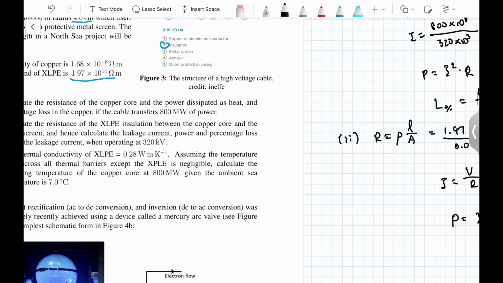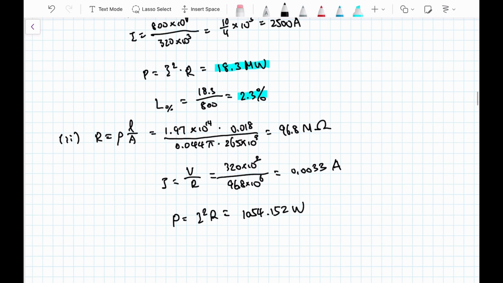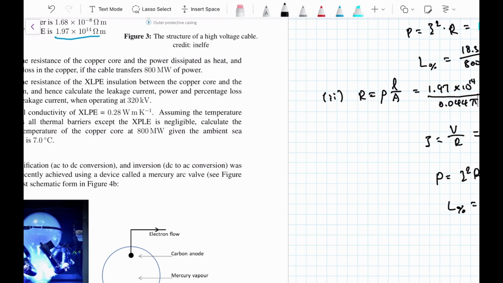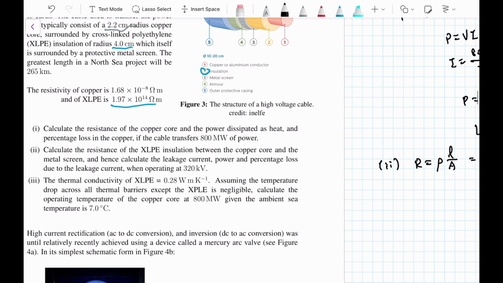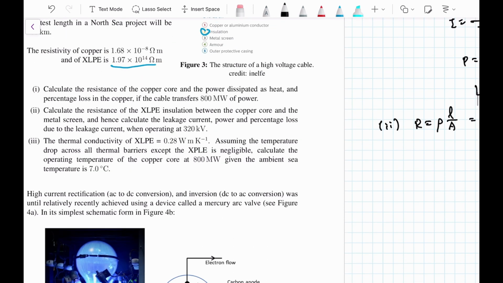And then the percentage loss due to the leakage current, so that will be this over the total power. It's given in the previous question, that is 800 megawatts.